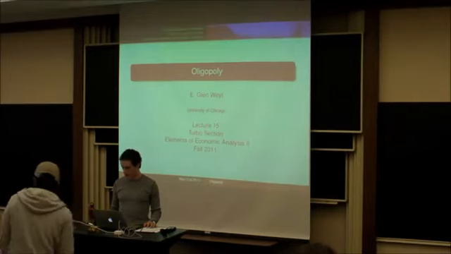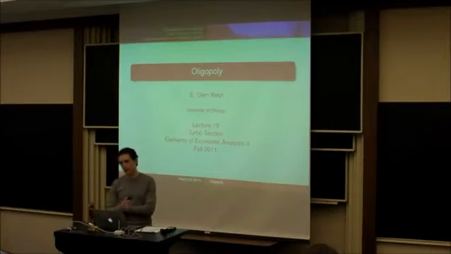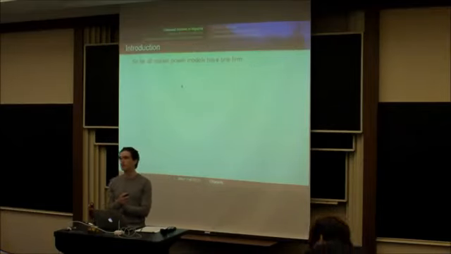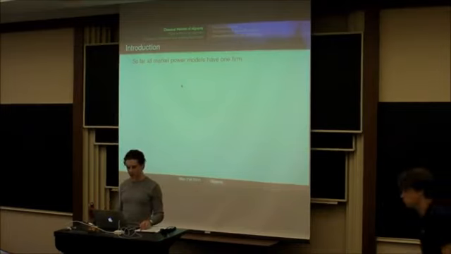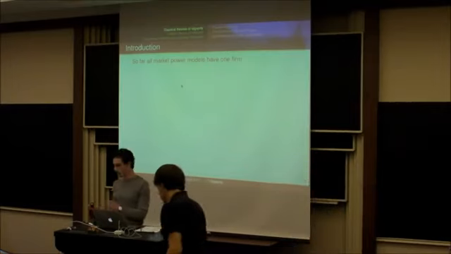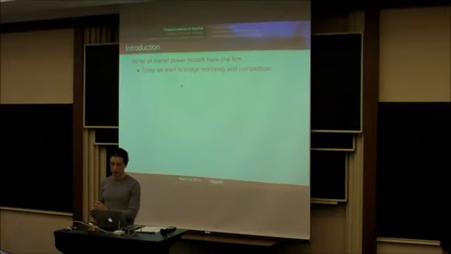So today we are entering sort of the final stretch of the course. So far we did perfectly competitive models, then we did monopoly models. Today we're going to do models where there are more than one, but still a small number of firms. So that will be a bridge between monopoly and competition.